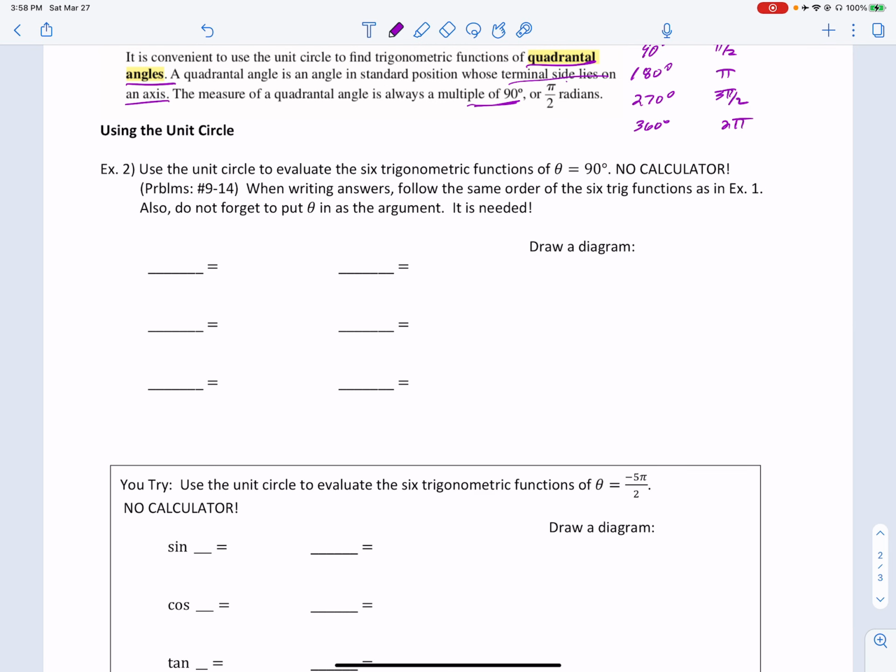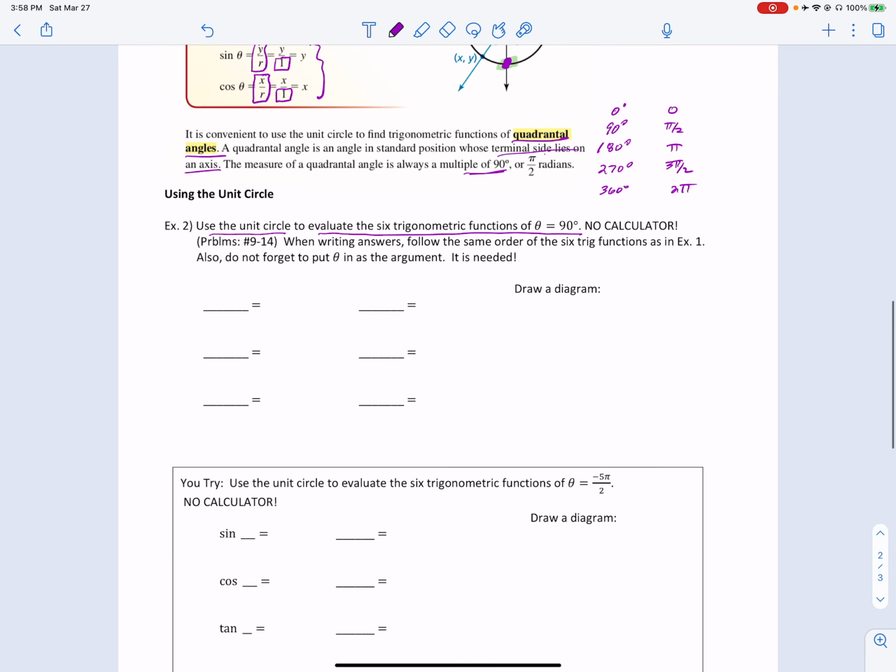So on here, use the unit circle to evaluate the 6 trig functions. And the only times we're using the unit circle is if we end up at one of these angles. They want you to do this for 90 degrees. So it's important when you write this that you put the 90 degrees in as the argument.